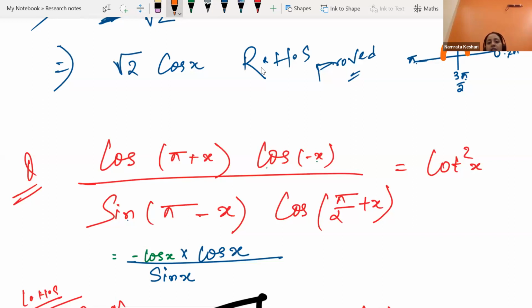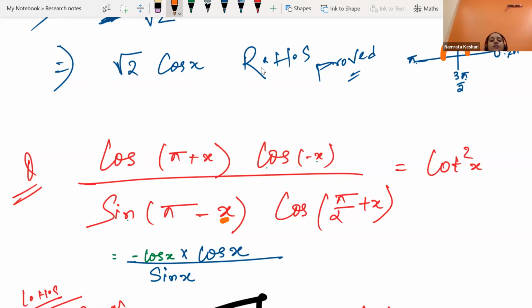And in pi minus x, x is an acute angle, any angle smaller than 90 degrees. So pi minus a very tiny angle, 10 degrees, 20 degrees, 30 degrees, lies in the second quadrant. And in the second quadrant, sine is positive. So the result will be just sine x. Yes or no?